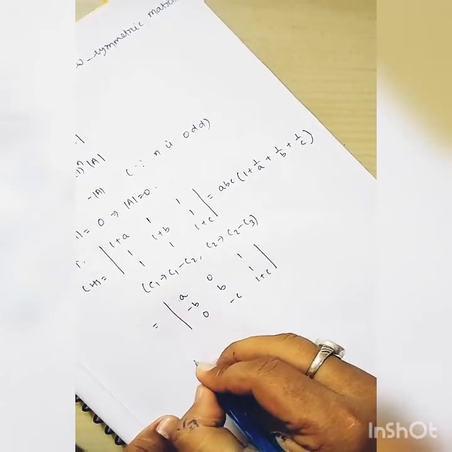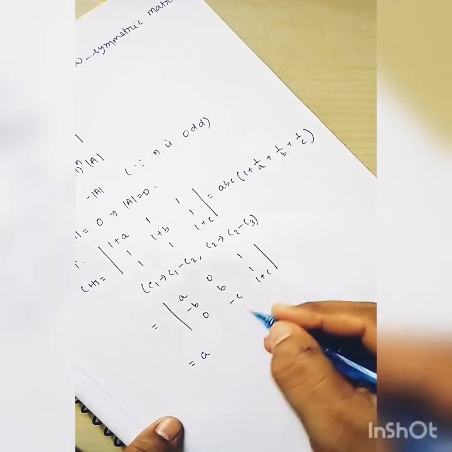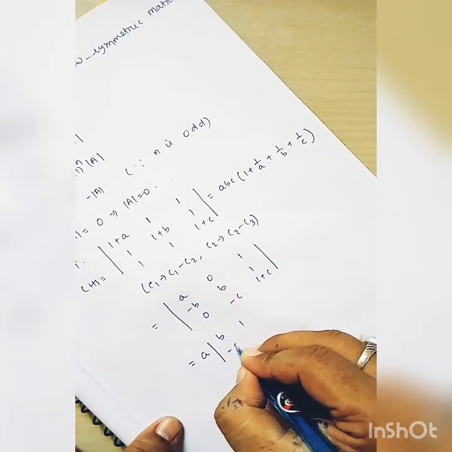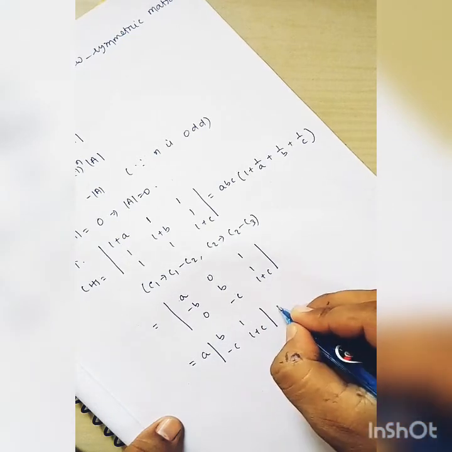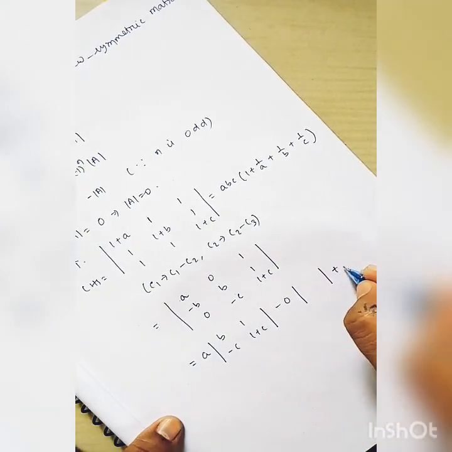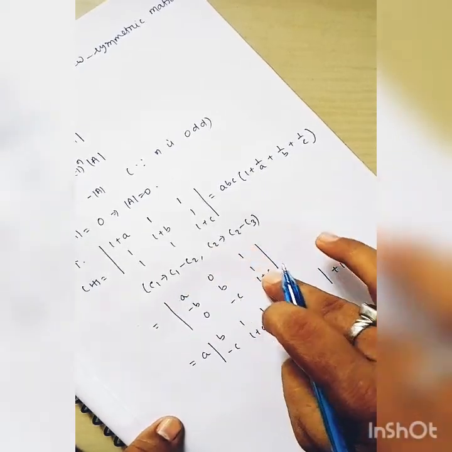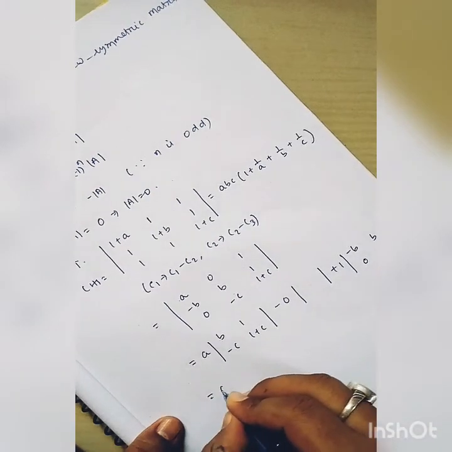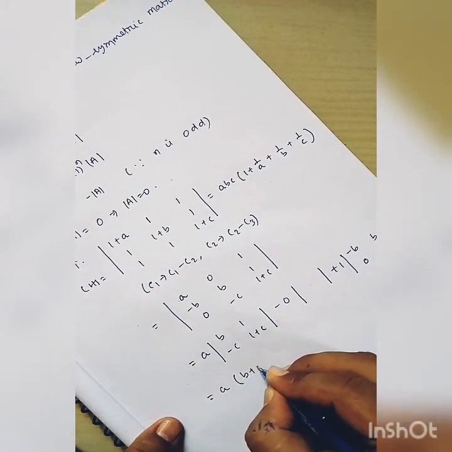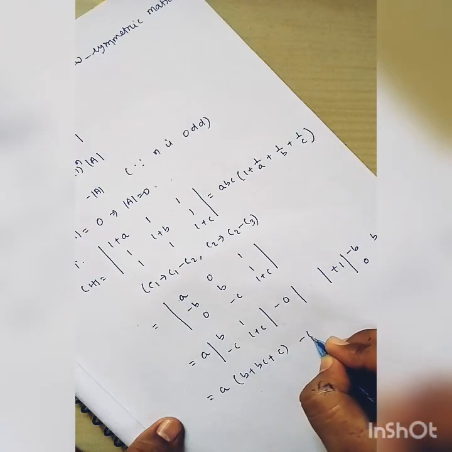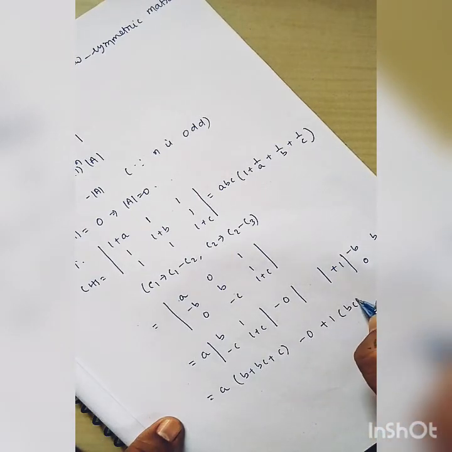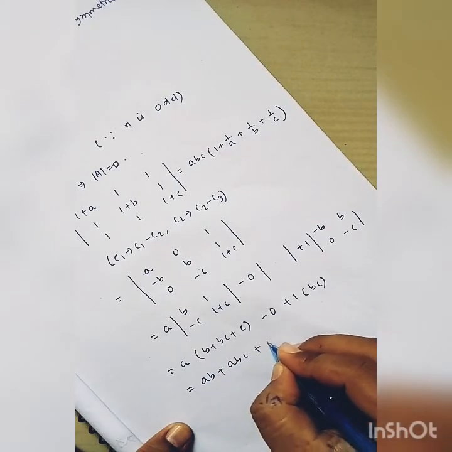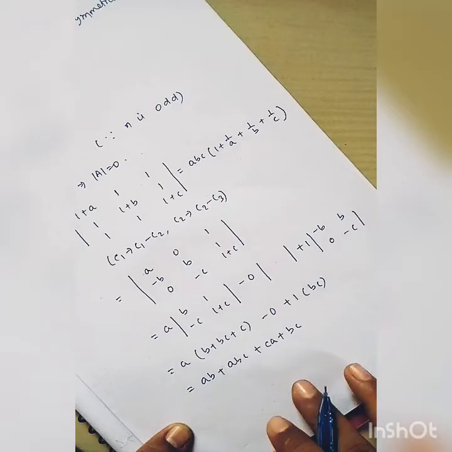By evaluating this determinant along the first row, A into B, 1 minus C, 1 plus C, minus 0 into this, plus 1 into, again deleting first row and third column, minus B, B, 0, minus C, that is A whole into B plus BC plus C minus 0 plus 1 into BC, that is AB plus ABC plus CA plus BC.